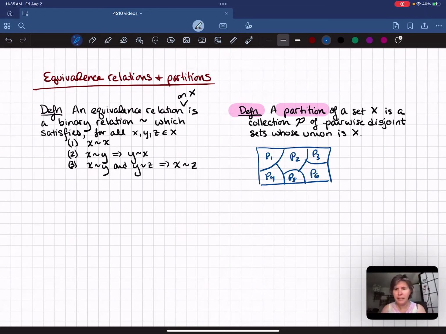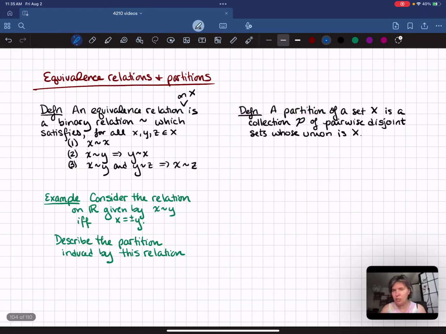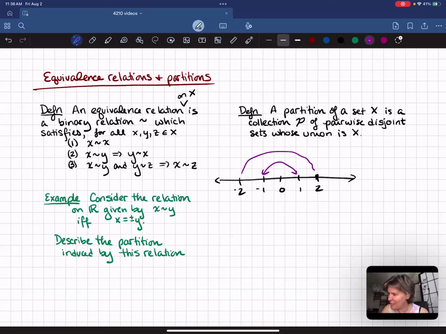All right, let's see a couple of examples. So let's first talk about the example of the relationship on the reals given by X is equivalent to Y if and only if X equals plus or minus Y. So in this relationship on the reals, for example, 1 and minus 1 are equivalent. 2 and minus 2 are equivalent.